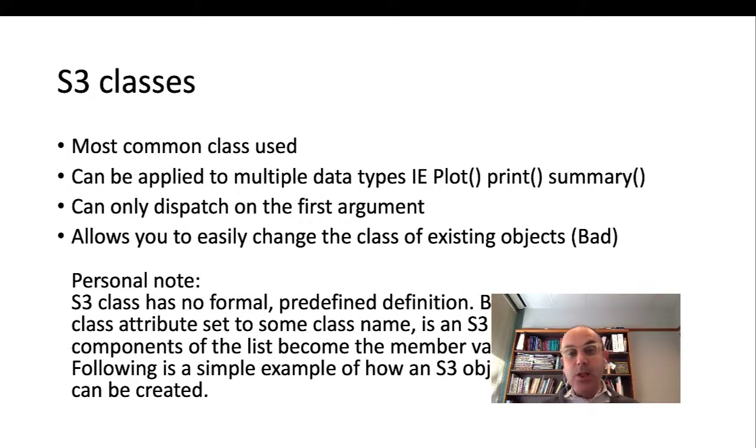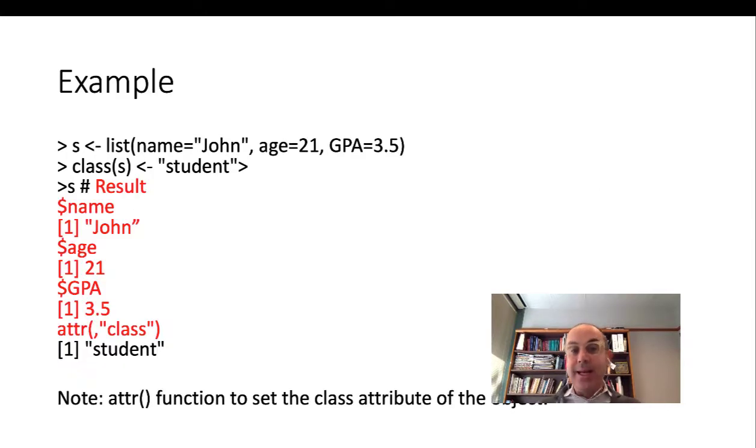Basically, it's a list with a class attribute set to some class name. And the idea here is that it operates in a very simple way. Example. Let's take an example of a list. So I have the first line, which is a list of name, age, and GPA.